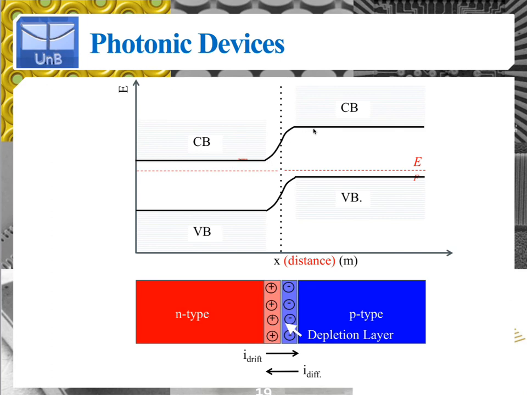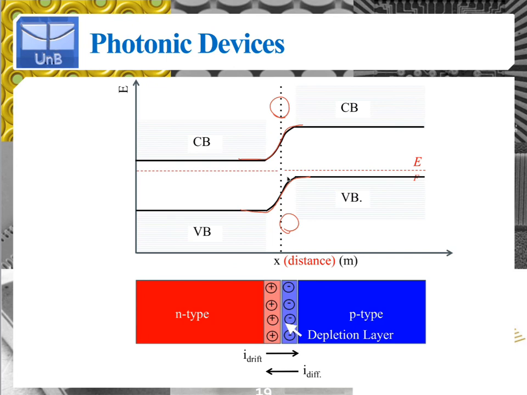So the conduction band edge will look like this, the valence band edge will look like this, and the whole bands themselves will be bent like this, because once the depletion region is formed, you have this electrostatic potential, and the potential energy is related to the electrostatic potential. So the whole band diagram is bent in such a way.